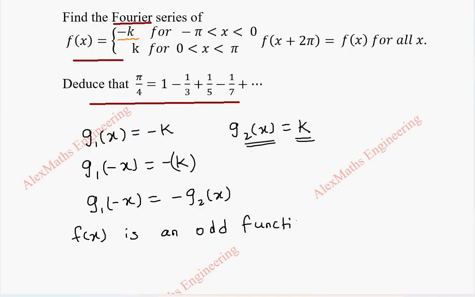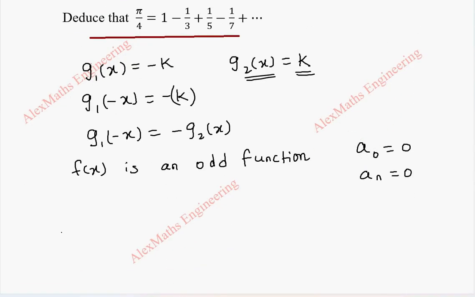When it is an odd function, we get a naught equal to 0 and an equal to 0. So it is sufficient to find only bn. Bn by formula is 2 by pi integral 0 to pi f of x into sin nx dx.